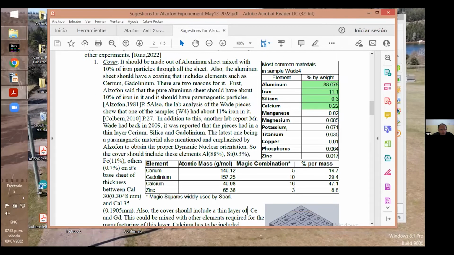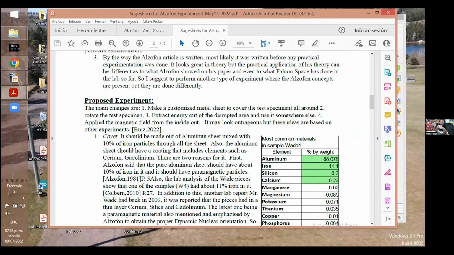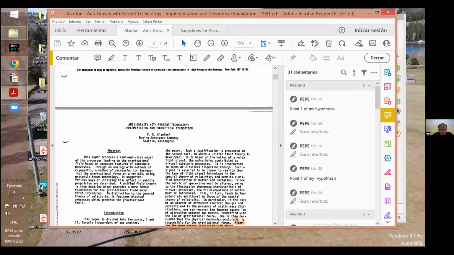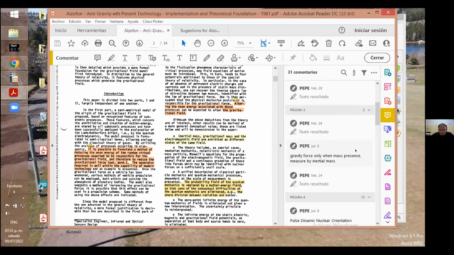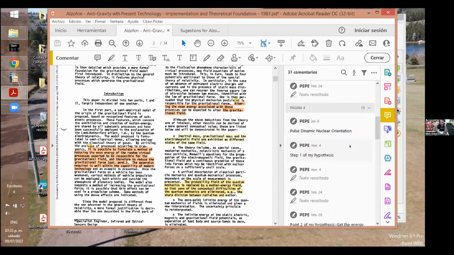Alzofon actually suggested a lot less iron, but it's interesting that you are recommending 10%. Well, he said 10%, right? No, I think he said about 0.5%. Let me see, I think I have the Alzofon here. I'm not sure if it's in the paper itself. I think it's in the book.